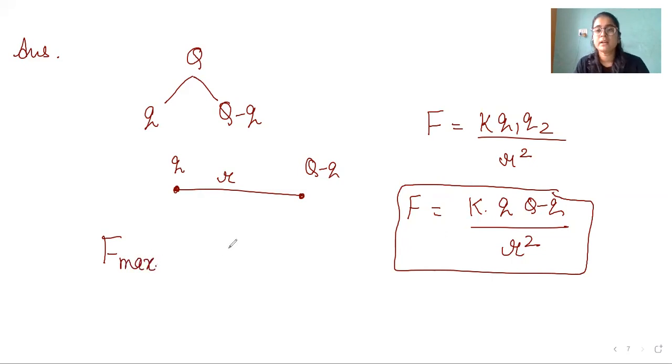If you want to find the maximum or minimum value of something, the first condition is that the first derivative of that function will be 0. That means dF by dq will be equal to 0, because force is maximum.